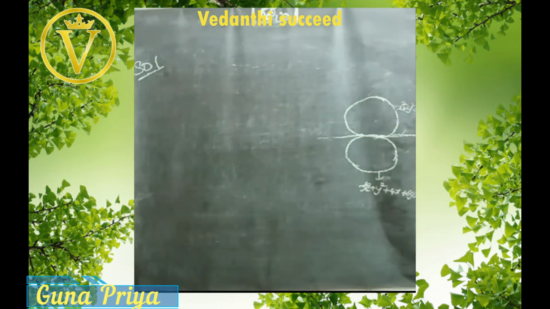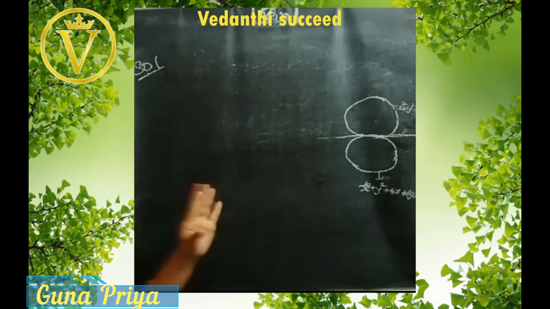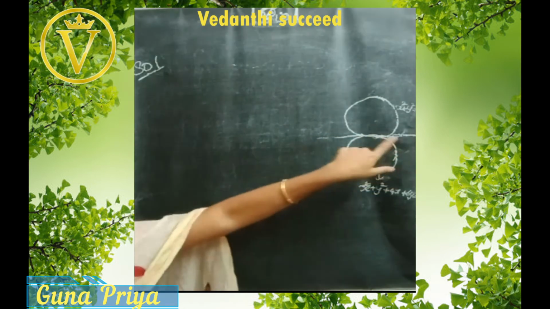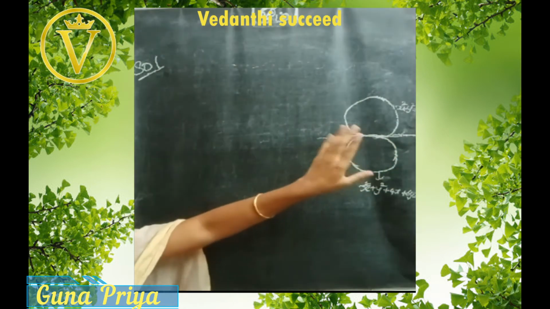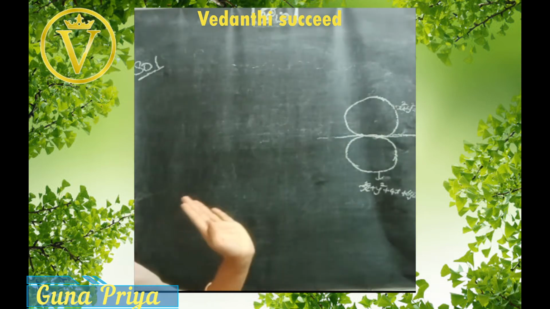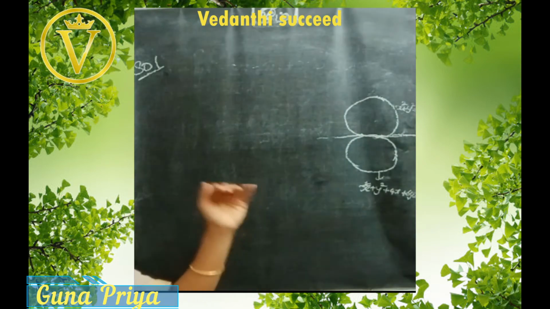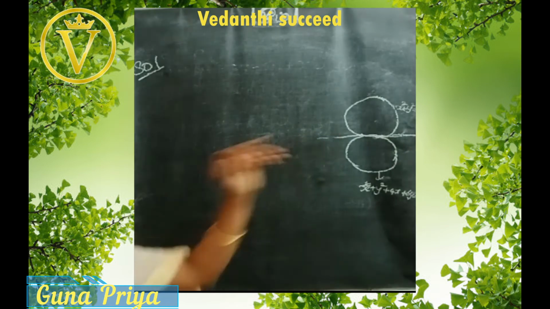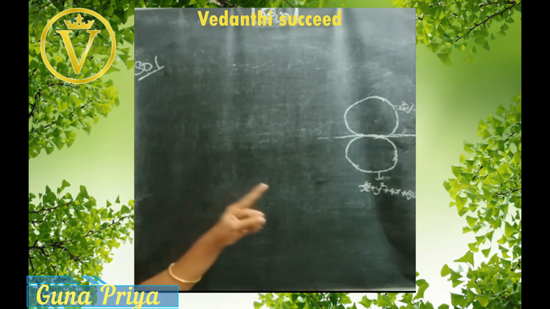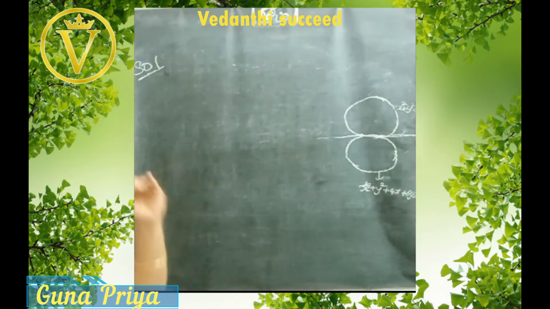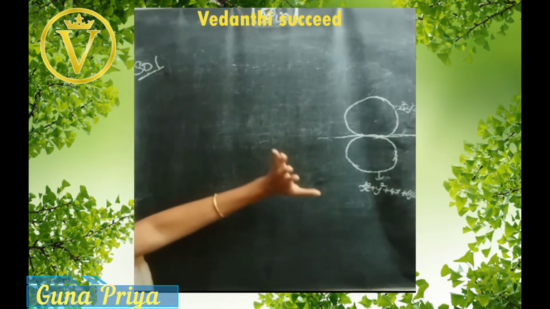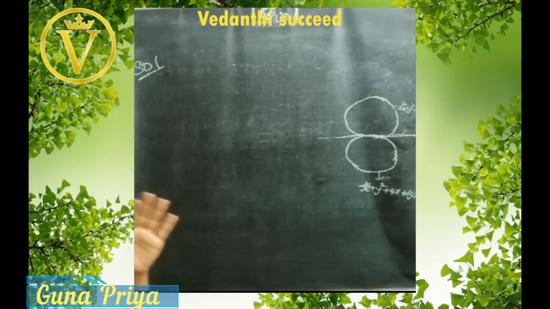Now, what we have to find out? First, we have to find the equation of this tangent at the given point for the first circle. Then, as I have already said, if two circles touch each other, then r equals d.